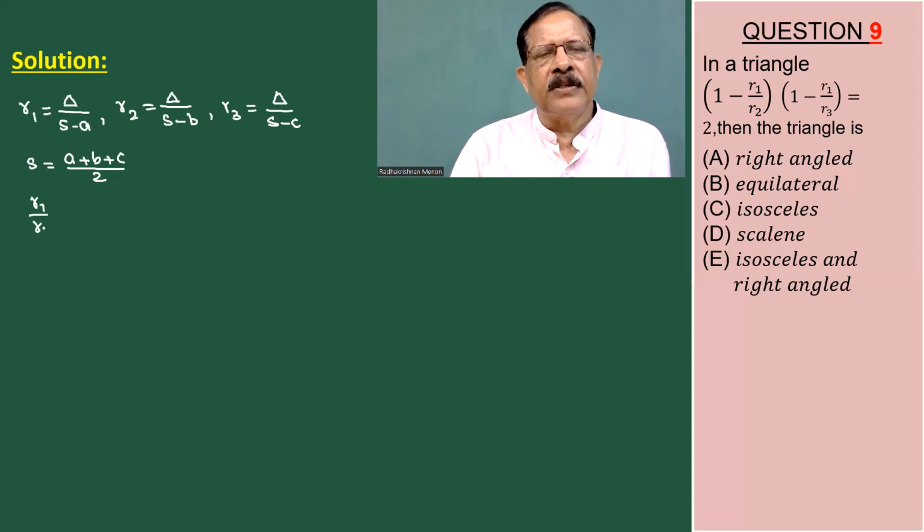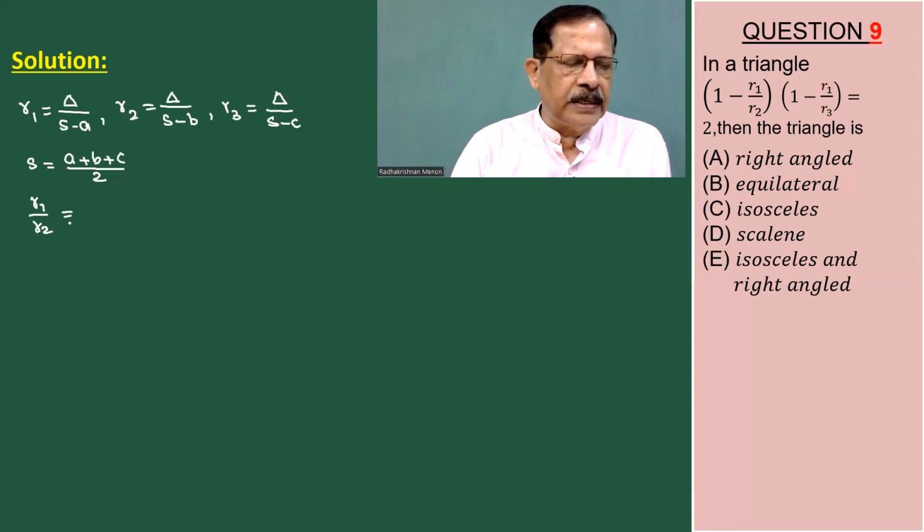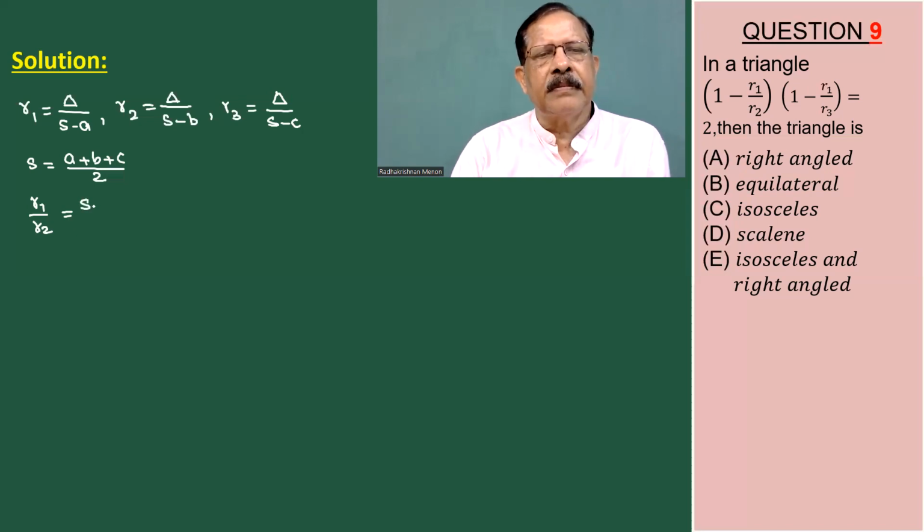So R1 by R2, as required in the question, is (S − B)/(S − A).